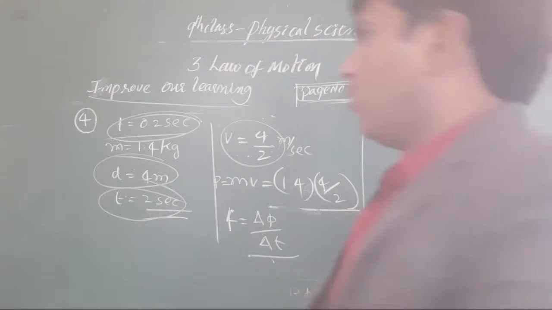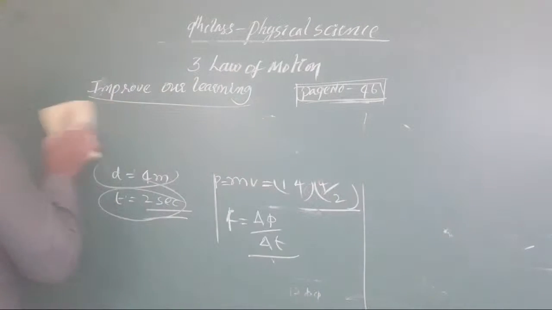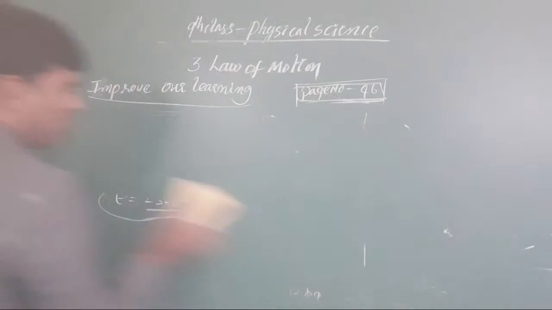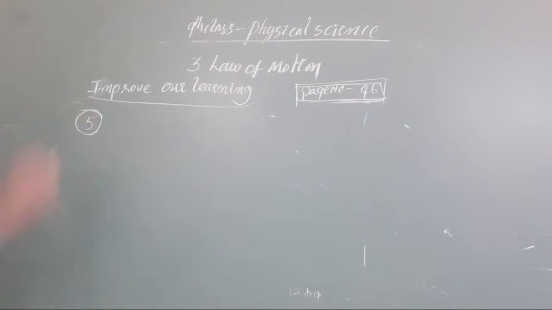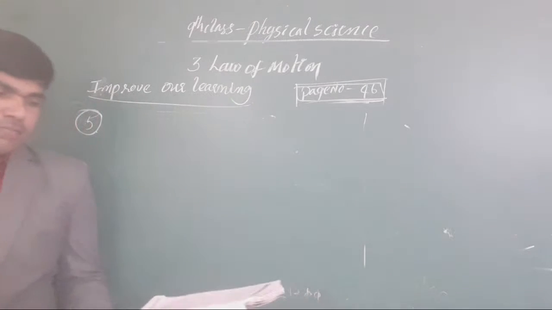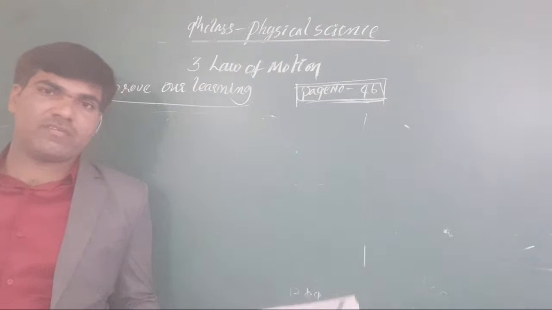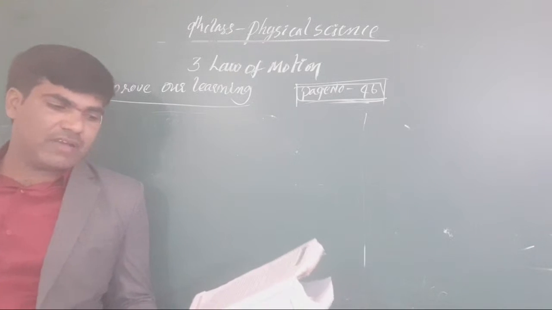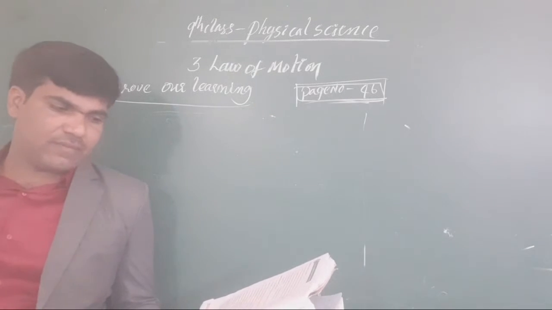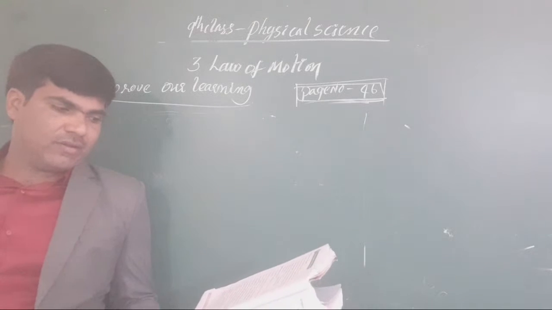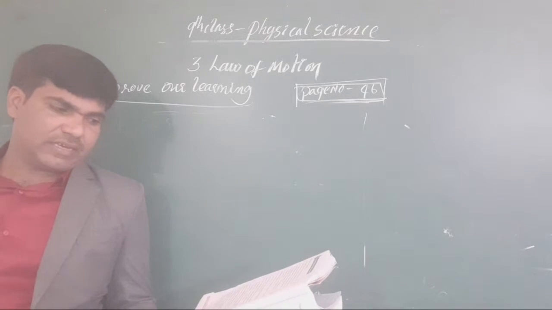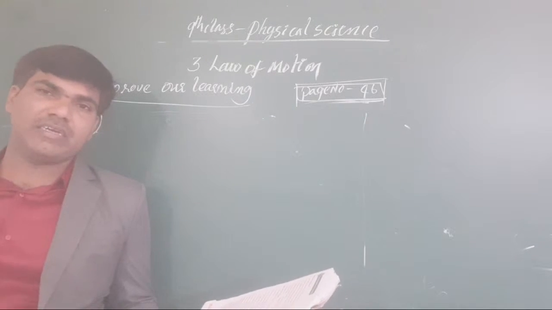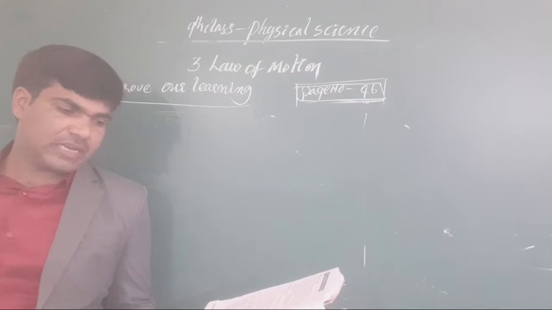Okay, and now come to the next one, the fifth one. The fifth concept you have to take here. An object of mass 5 kg is moving with a velocity of 10 meters per second. A force is applied so that in 20 seconds it attains the velocity of 25 meters per second.